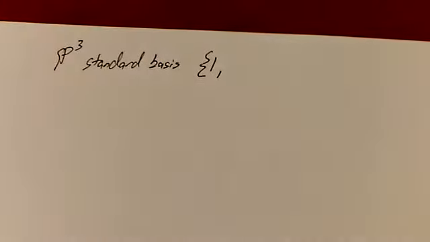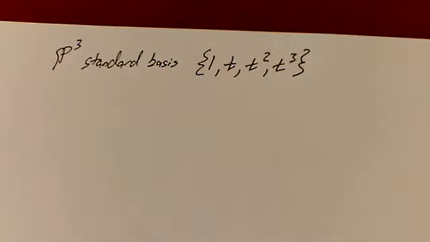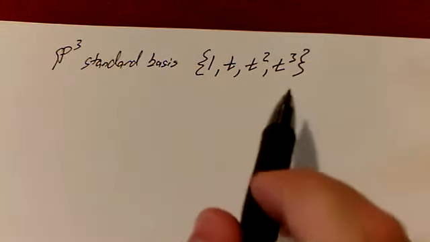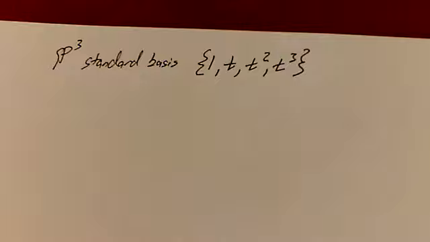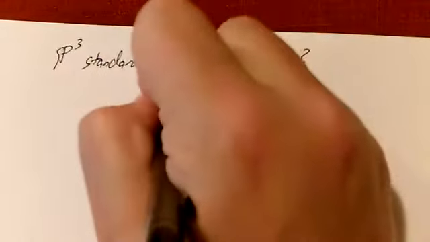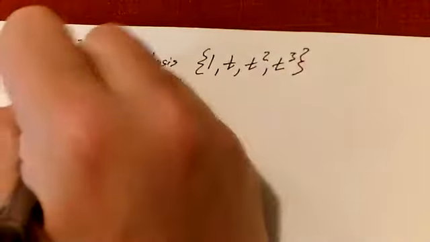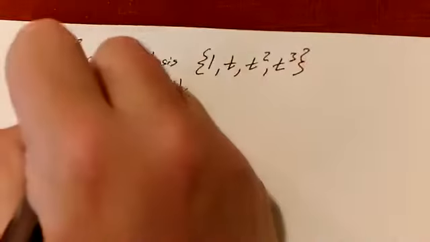The standard basis for P3 looks like this. It has a vector 1. It's going to have one for t, one for t squared and one for t cubed. So notice it has 4 basis vectors. So these have corresponding vectors that we could imagine in R4. R4 has a standard basis.